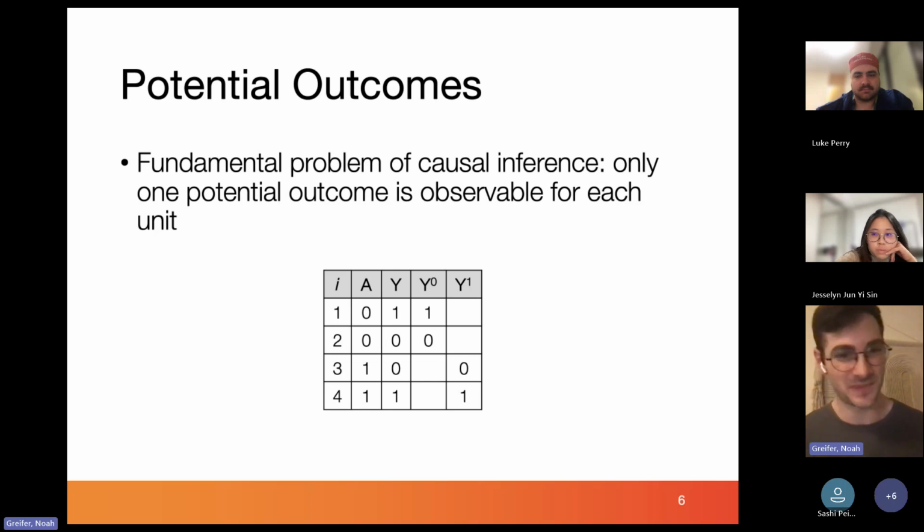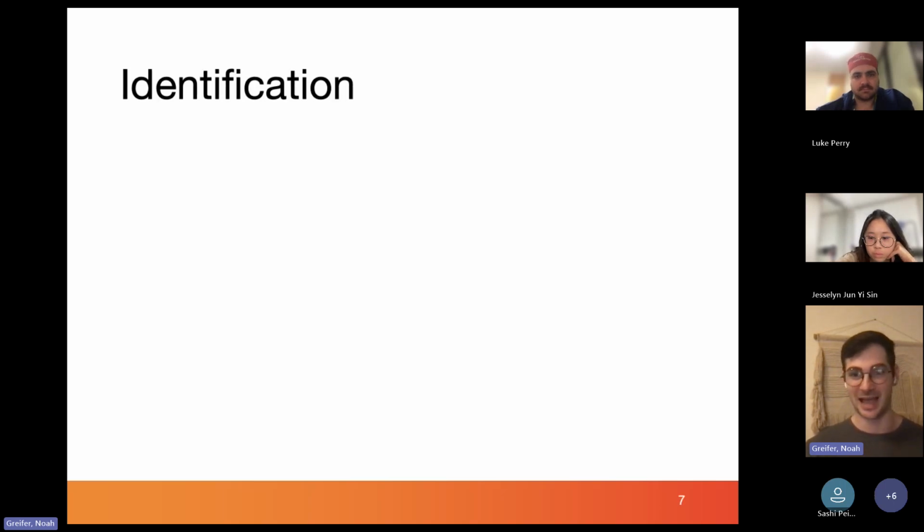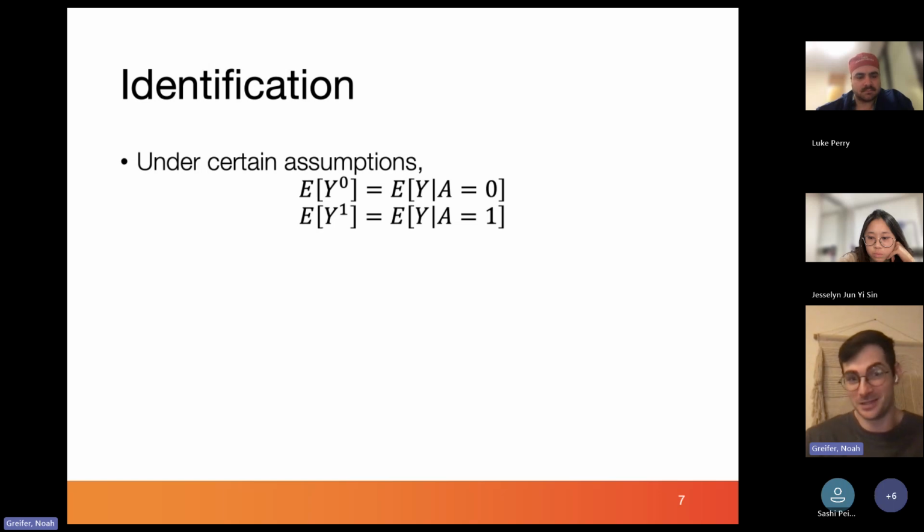Okay, I'll move on. I hopefully built up a little bit of suspense by saying that despite us not having access to the potential outcomes for any individual, we can still estimate average causal effects. And that is what we are going to do. So under certain assumptions, the expected potential outcome is equal to the observed outcome among the people who actually received the treatment.